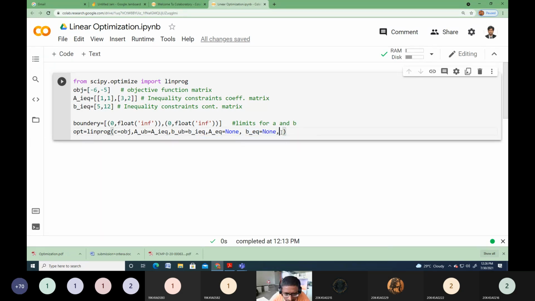Now what else do we require? We have to pass the boundaries.